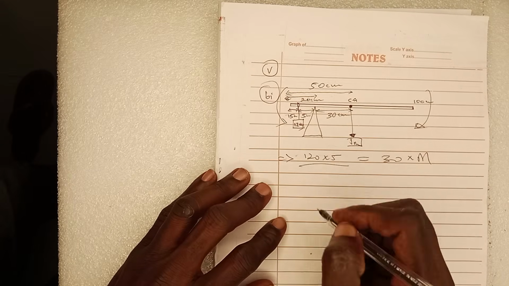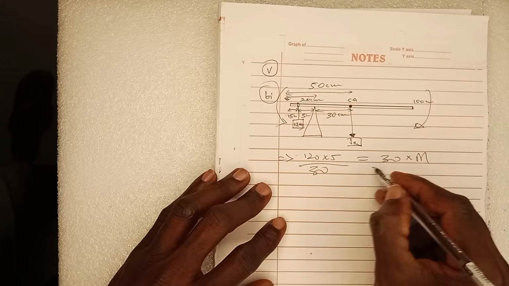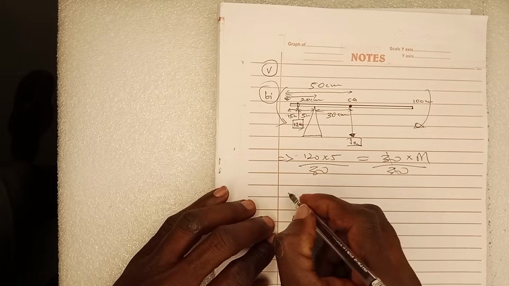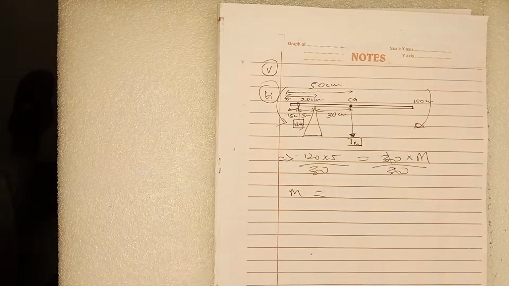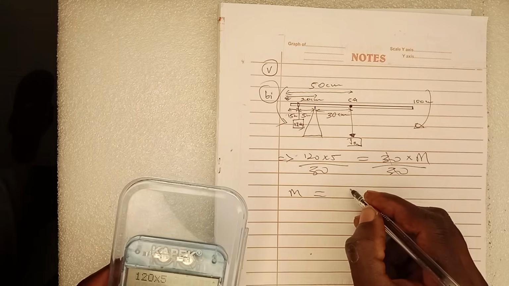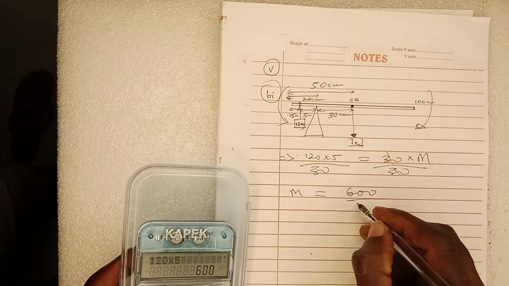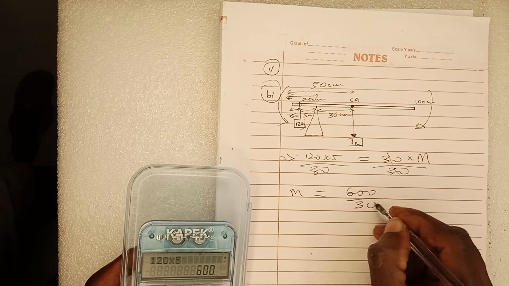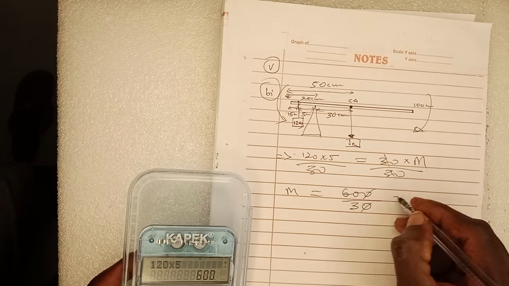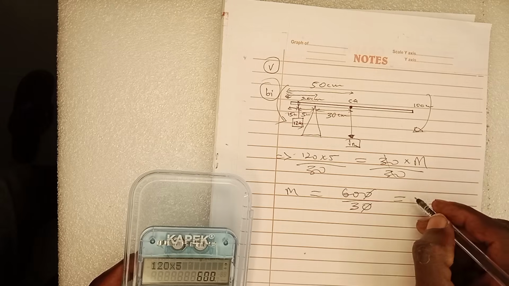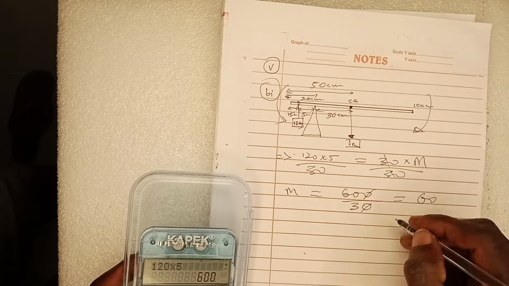We divide both sides by 30, so that our m is equal to 600 divided by 30. 60 divided by 3 will give us 20.